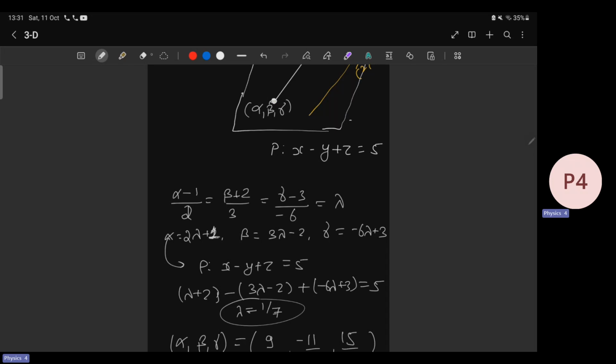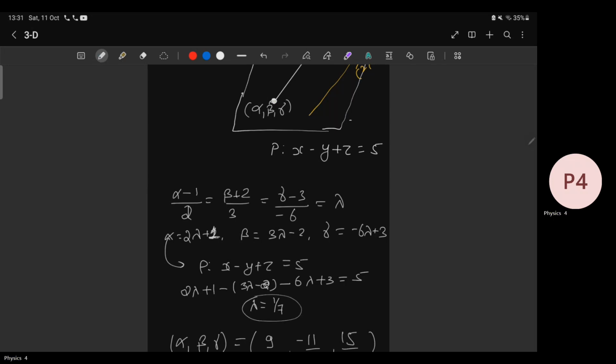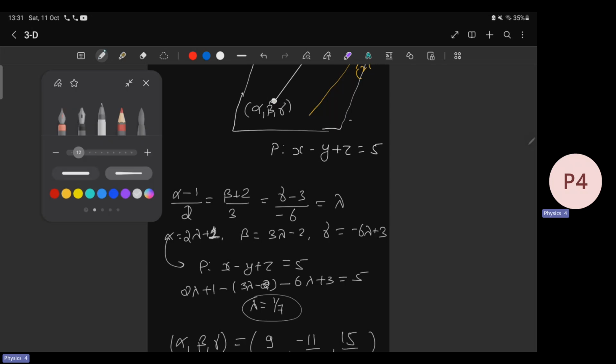Now we put the values of alpha, beta and gamma in this plane. So we will get 2 lambda plus 1 minus 3 lambda minus 2 minus 6 lambda plus 3 equals to 5. And when we solve this equation, we will get lambda equals to 1 upon 7.